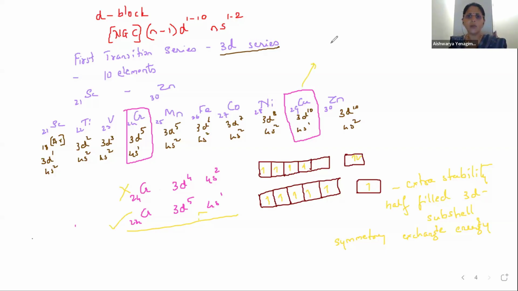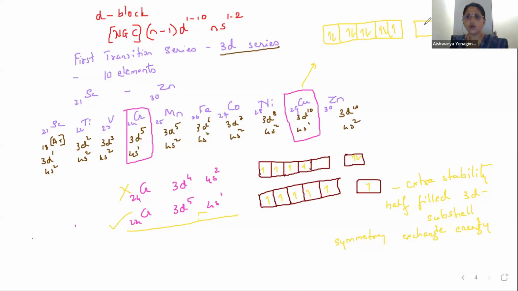Similarly with copper, the configuration is 3d10 4s1. That means in chromium and in copper, one electron from 4s jumps into the vacant or half-filled 3d subshell.